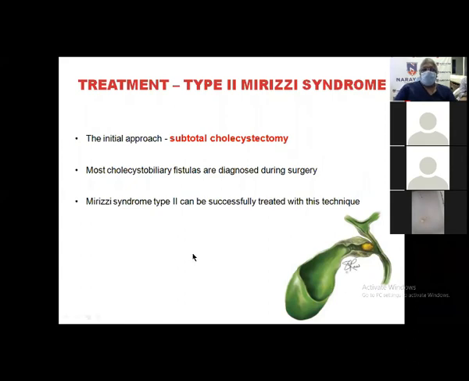Type 2 Mirizzi is one of the interesting topics for me because for many years I have been doing this. Initially, you must think only in terms of a subtotal cholecystectomy, or if there is a cholecystobiliary fistula during surgery, you can either cut the gallbladder here, let out the stone and suture it in 2 layers, keep a drain and come out.